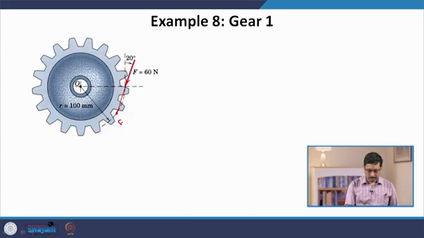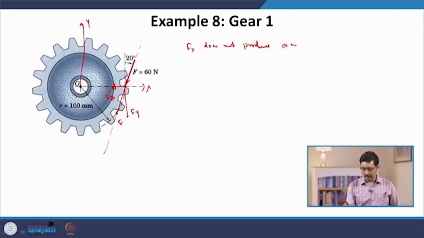This is my F, I have shifted it along the line of action a little, so that now note that the x component of the force, the line of action of the x component of the force, is this x axis. So, it passes through the pivot point. So, Fx does not produce any moment.